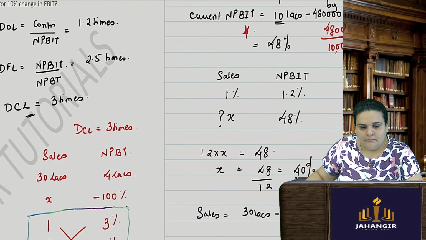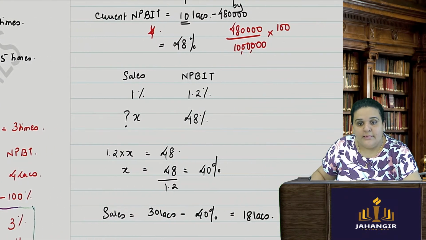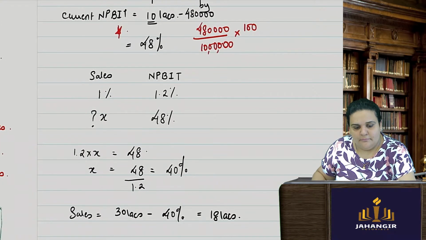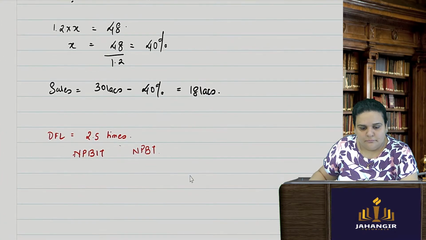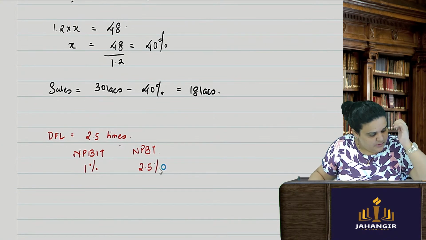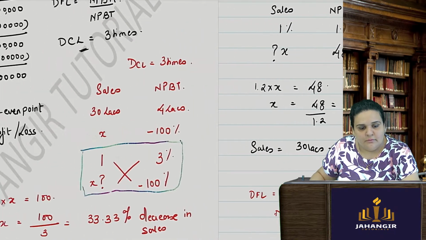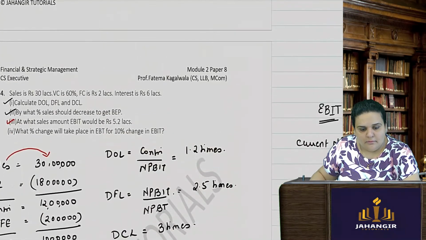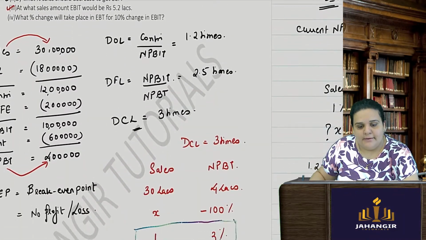So here, if NPBIT is changing by 1%, NPBT will change by 2.5%. Now they are saying how much is NPBIT changing? By 10%.